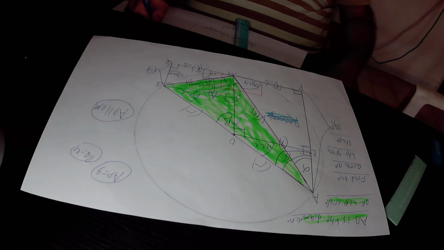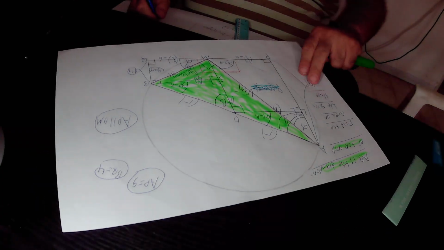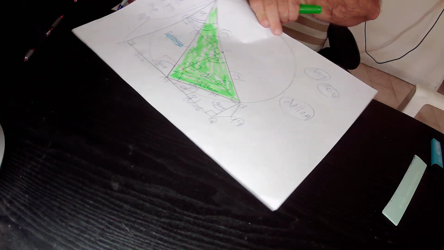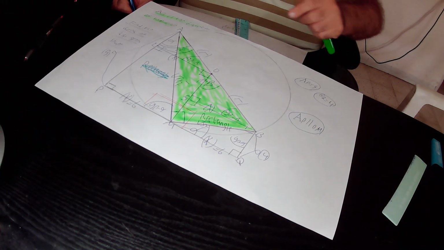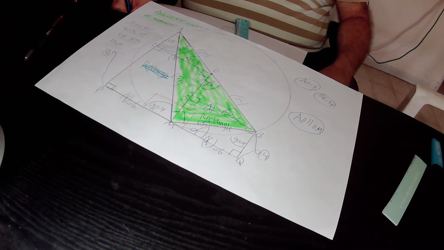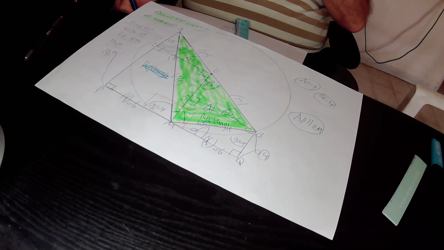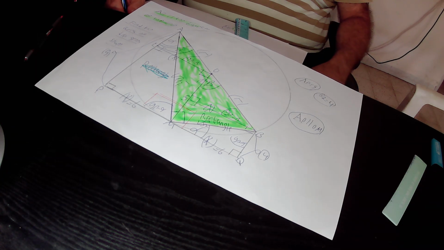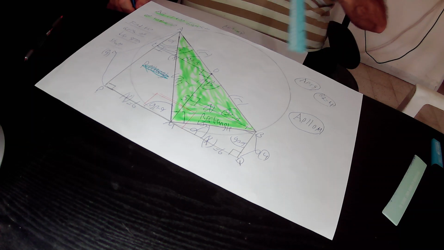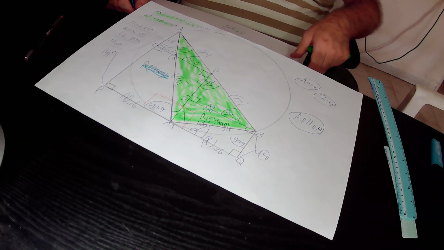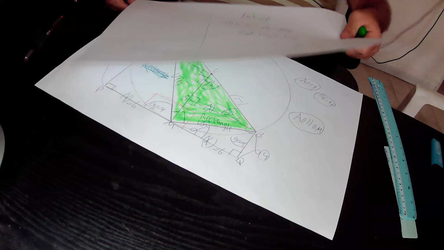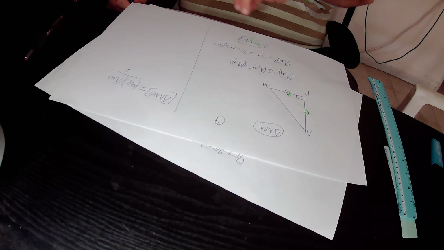must be equal to the base MB times the height AM over 2. Again, the area equals the base MB times the height AM over 2.